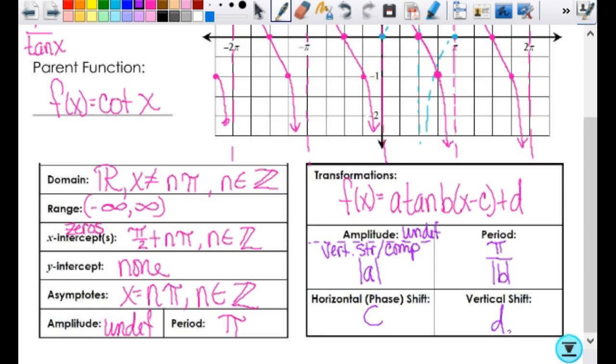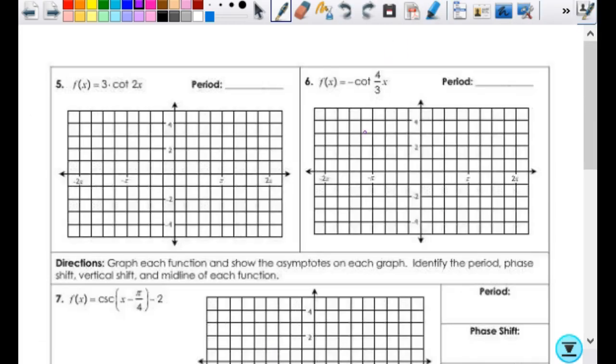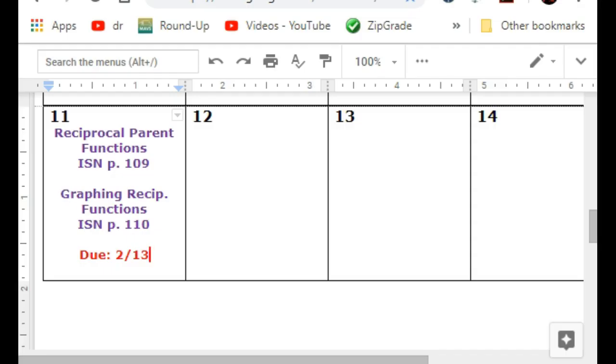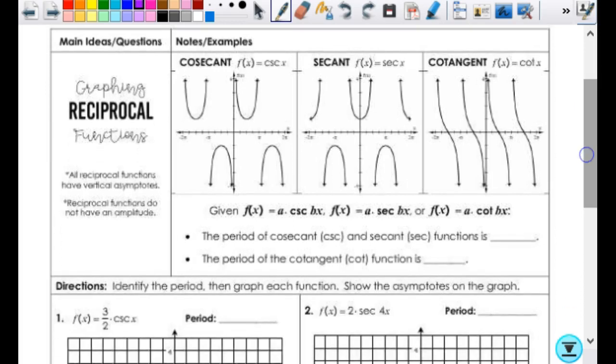So now we're going to graph them. So grab your other piece of paper. And this is going on page 110 when we're done. So here are the three, and the asymptotes are missing, so add those in. They're important.